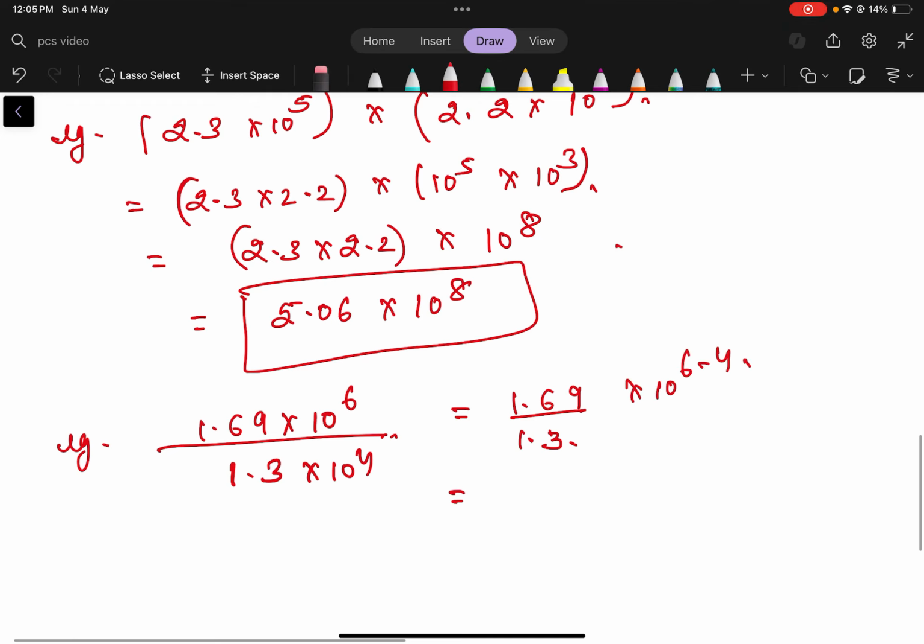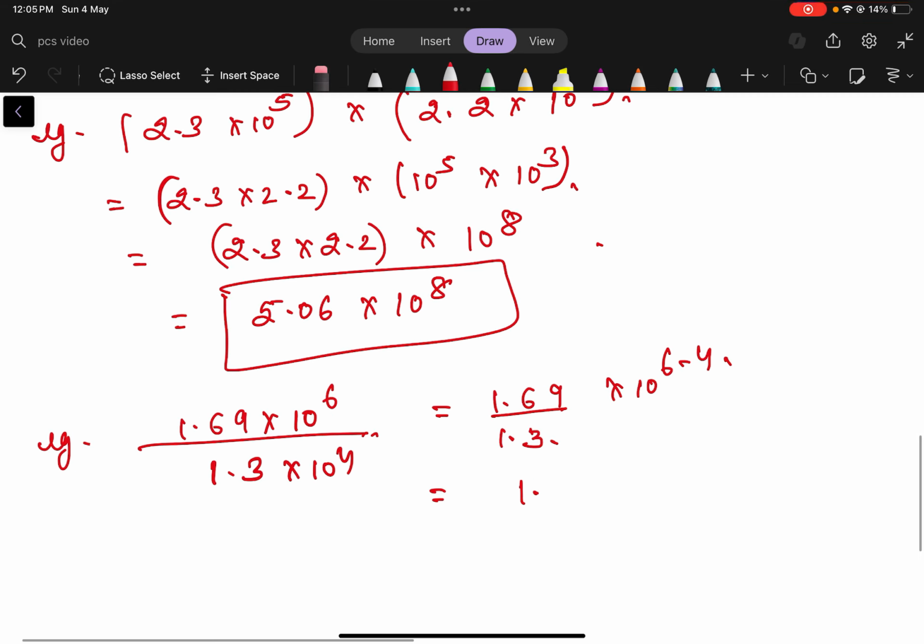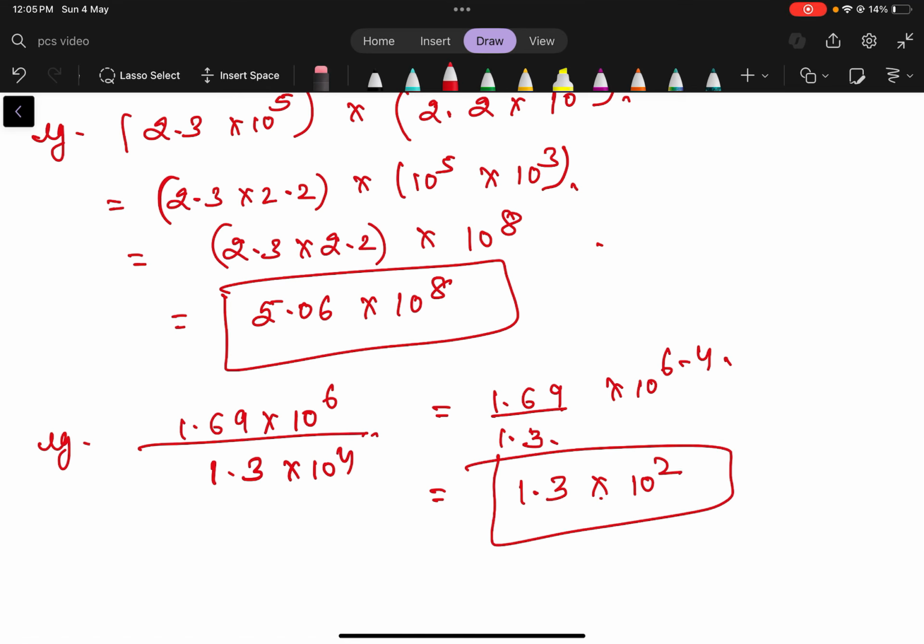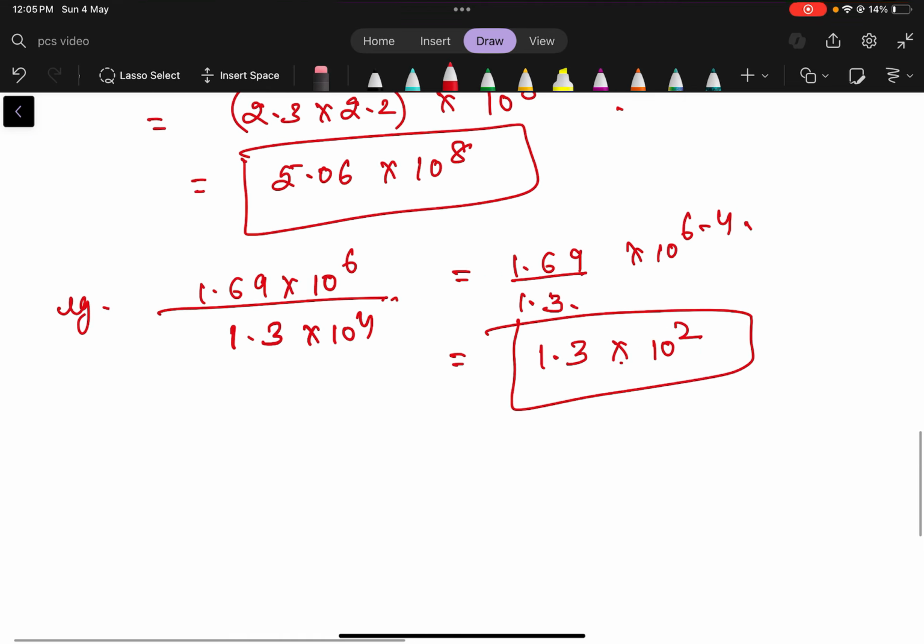So it is equal to 1.3 into 10 to the power 2. So this is multiplication and division.